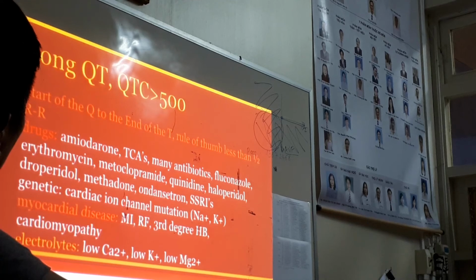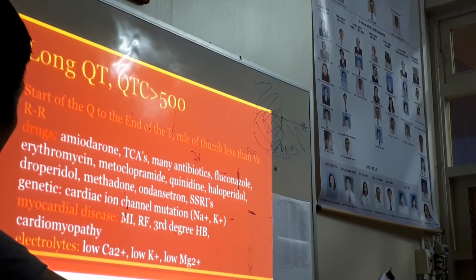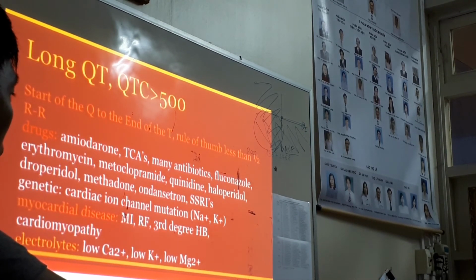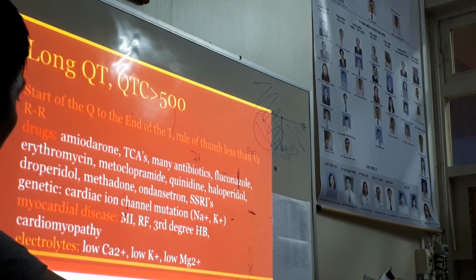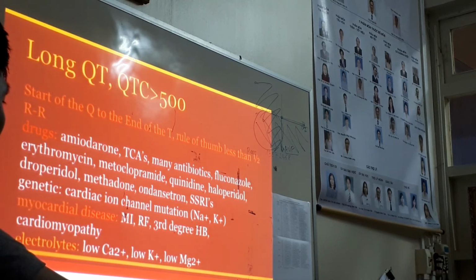Like we said, the rule of thumb is less than half the R to R. If they're on any of these medications, you need to stop it. Some electrolytes can cause long QT. You need to replace those electrolytes and definitely check for magnesium. Magnesium doesn't come in our normal metabolic panel. I don't know about here, can you order a magnesium level? I'm not sure.